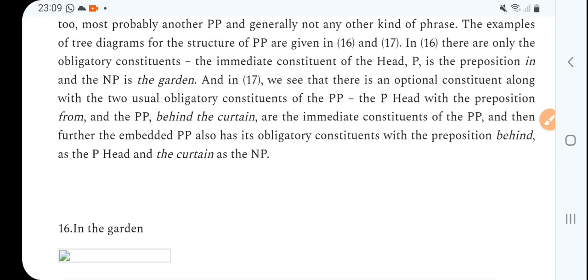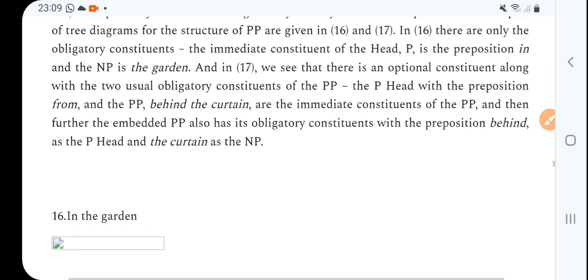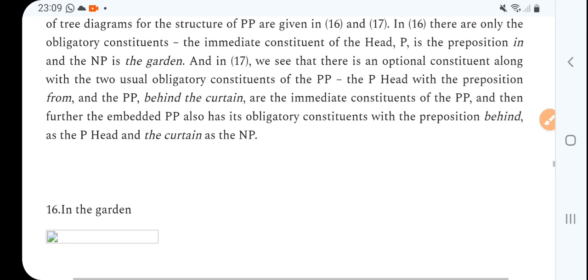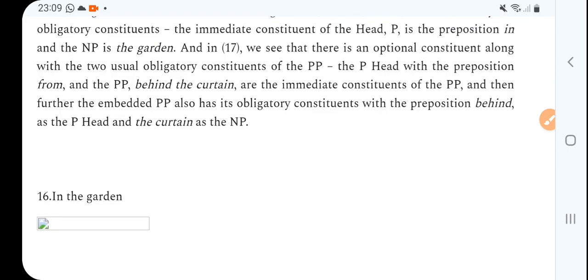Example tree diagrams for the structure of PP are given in 16 and 17, which are not open. The preposition is in and the NP is the garden.